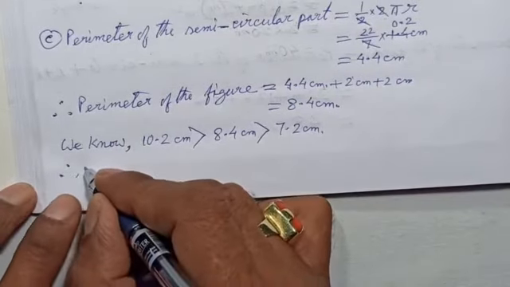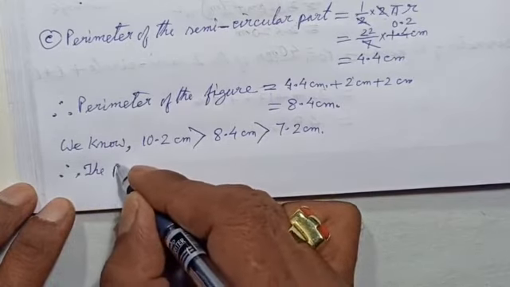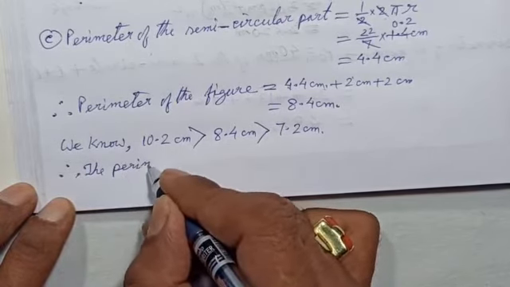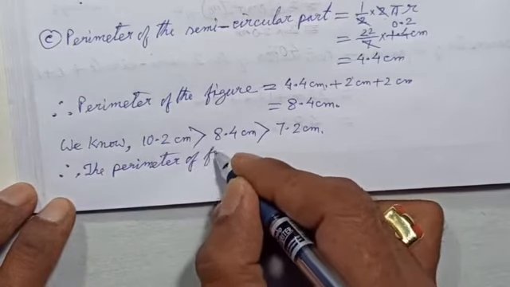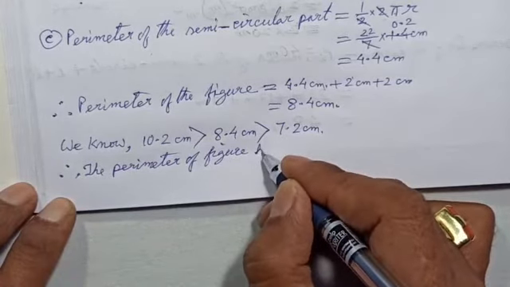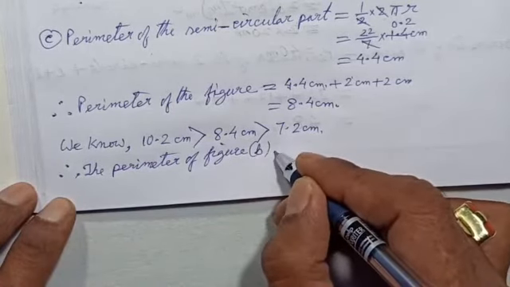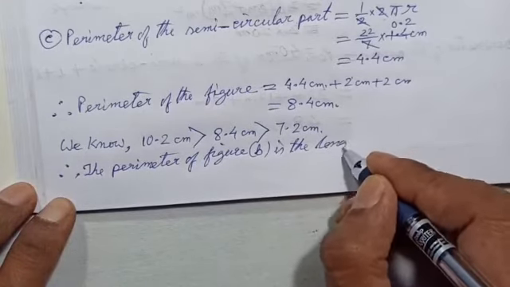Therefore, the perimeter of figure B is the longest.